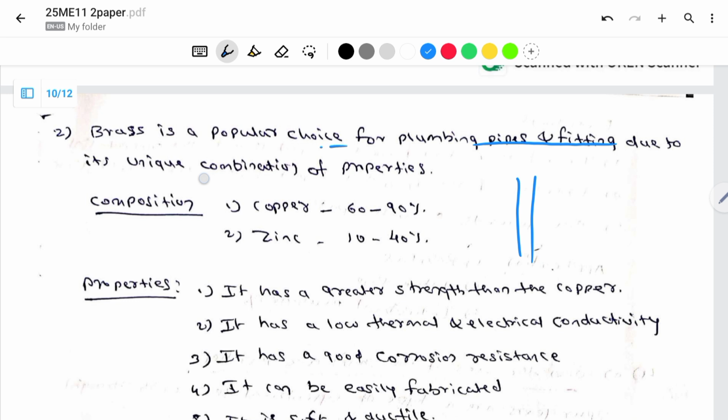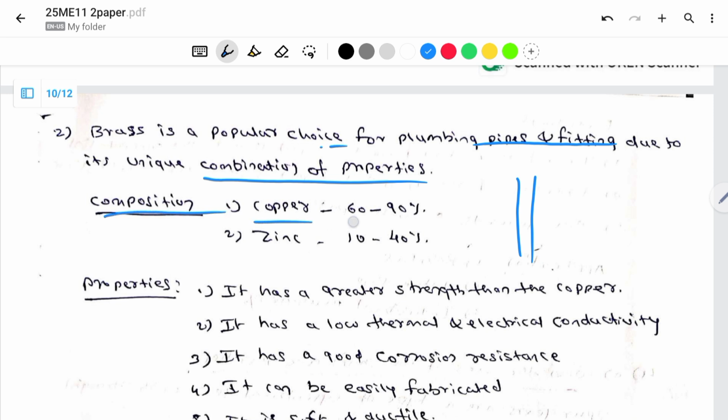There might also be mud in the pipe. Oxygen, water and mud lead to corrosion. To avoid that, a corrosion resistant, lightweight and low cost material should be there. That's why brass is utilized.